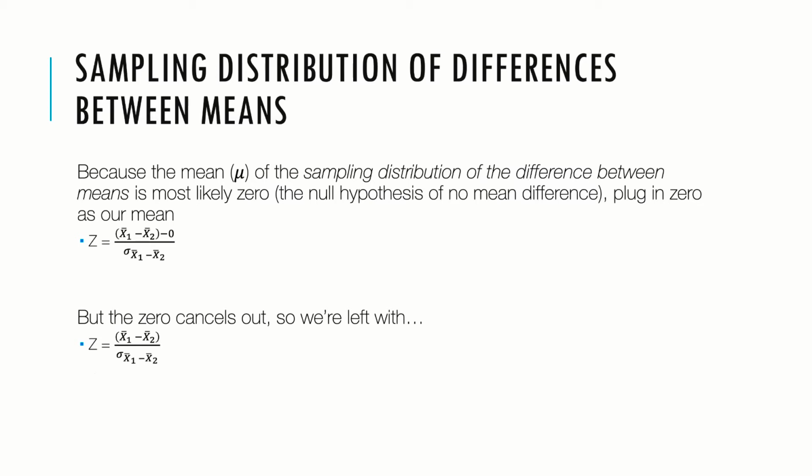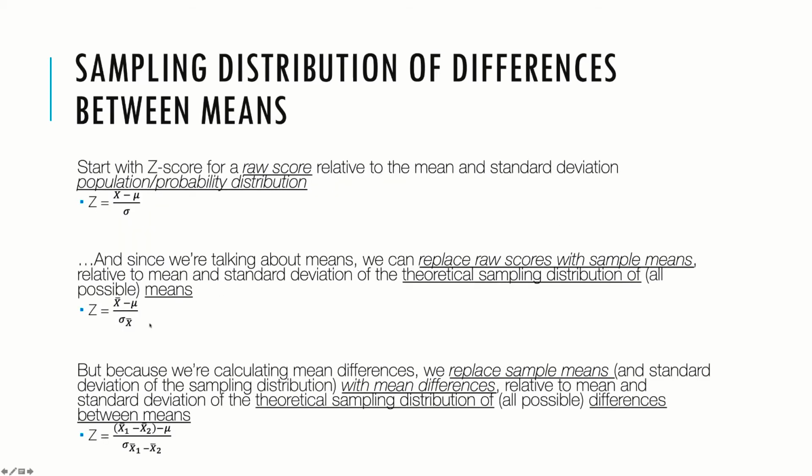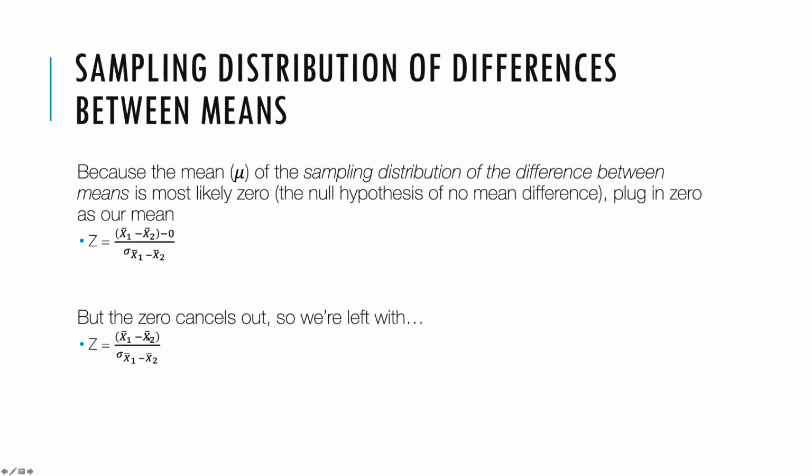It's expected, right? The null would expect that nothing's going on, and we're comparing against the idea that nothing's going on, right? So we plug in the mean difference of 0. When we subtract 0 from anything, what is that? It's the same thing. So our z-score calculation is x bar 1 minus x bar 2 over the standard deviation of the sampling distribution of the differences between means.